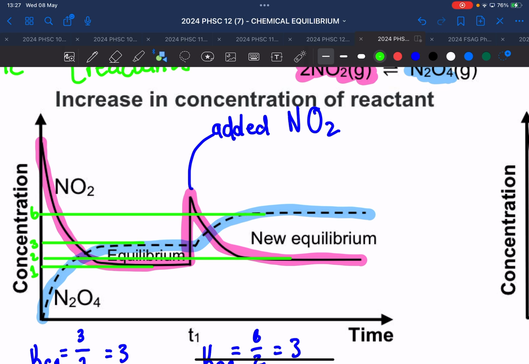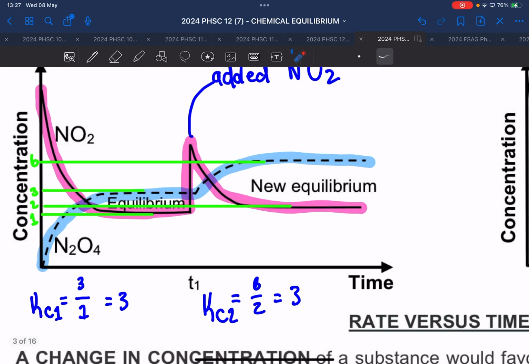So this is the second one, our new equilibrium. We have a concentration of products of 6 and a concentration of reactants of 2. So we have 6 divided by 2, which gives us the same 3, so our Kc value remains constant.